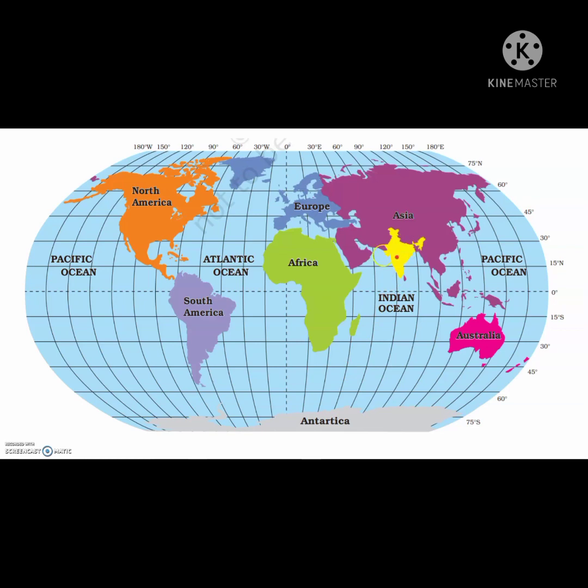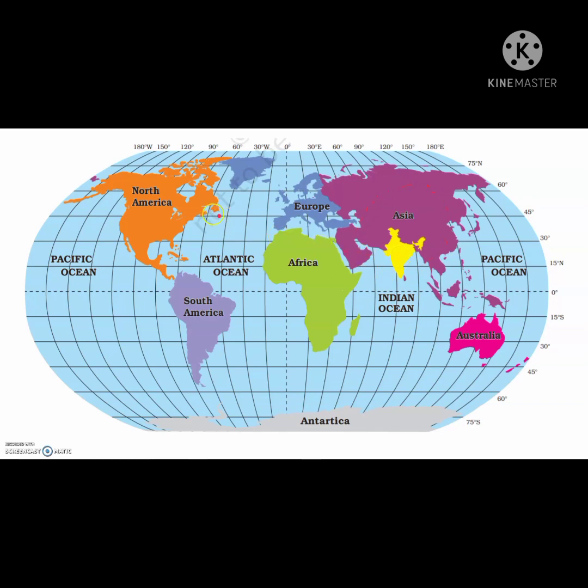The globe can also be divided into western hemisphere and eastern hemisphere. India lies in the eastern hemisphere.